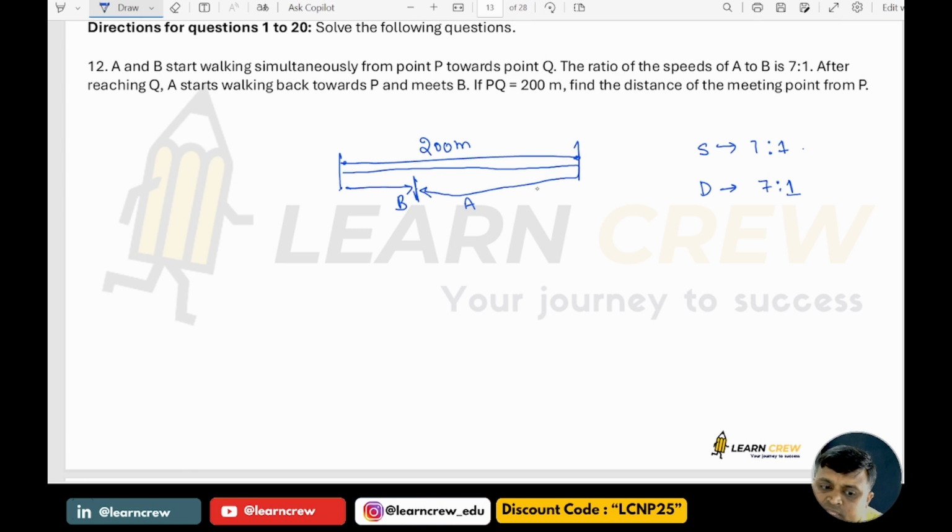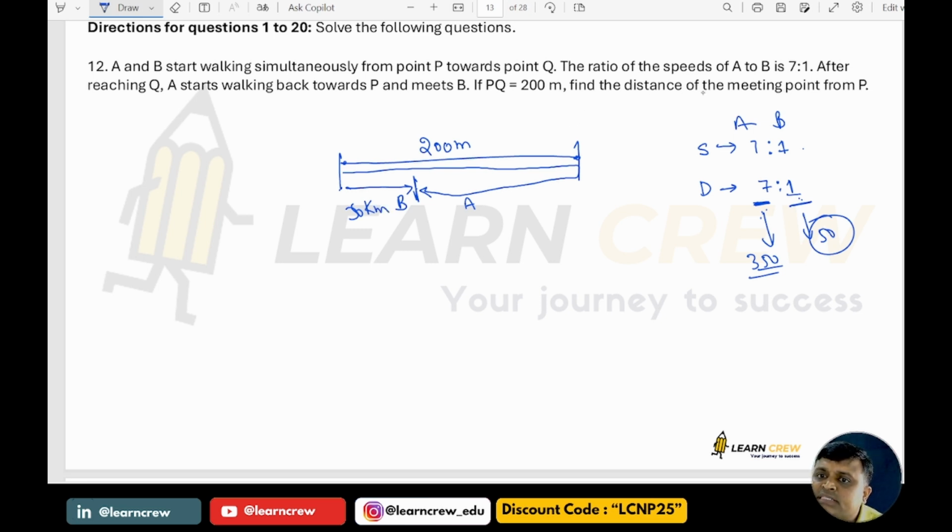Here the total distance is 400, 200 plus 200. A is going here and returning here. B is traveling here. Out of this 400, A has to cover 7 parts, B has to cover 1 part. Thereby 8 parts is 400, 1 part is 50 and 7 parts is 350. So they meet at a distance of, B has to cover how much? 50.